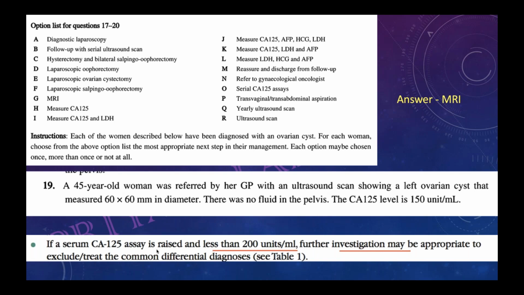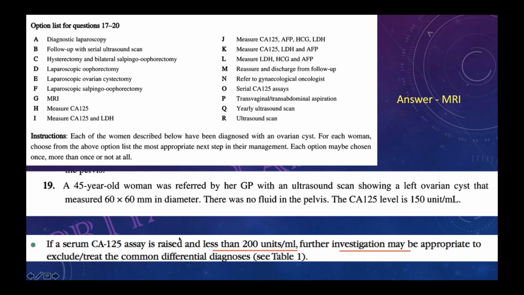It should be yearly, but they have given CA 125 value also. That is 150. So if in the question CA 125 value is not written, answer will be yearly scan. But if they have given CA 125, 150, then you have to do further investigation.